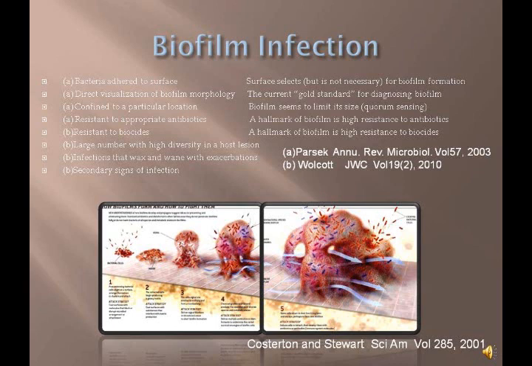Another thing is if there's a large number of species in a small area. So you take a 5-millimeter punch biopsy and you have 8 different species of bacteria, at 10 to the 5th, 10 to the 6th concentration, well, those can't coexist as planktonic, so you would think that was a biofilm.